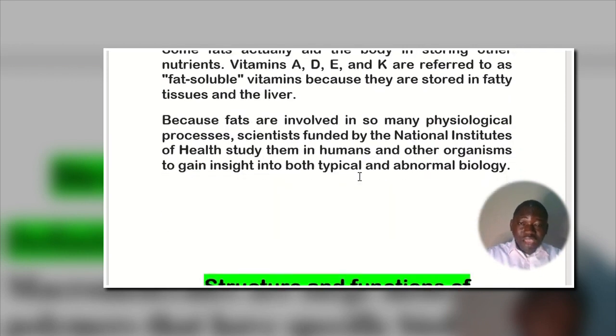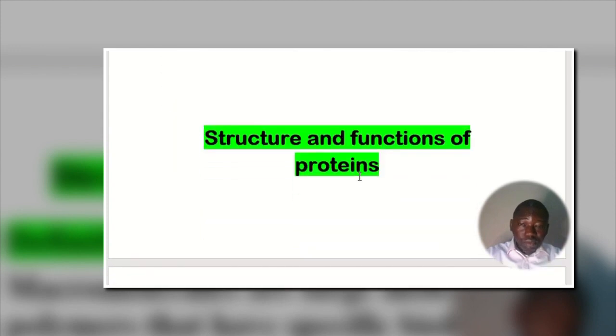Because fats are involved in so many physiological processes, scientists funded by the National Institutes of Health and other funding agencies study them in humans and other organisms to gain insight into both typical and abnormal biology of the fat.